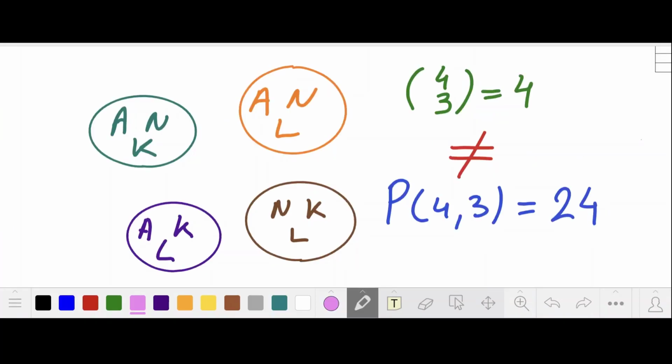In order to understand better the difference between permutations and combinations, we see that in each of our 4 combinations there correspond 6 permutations.